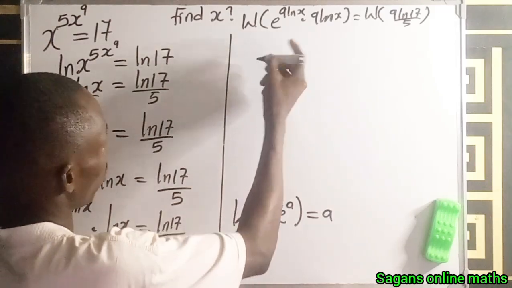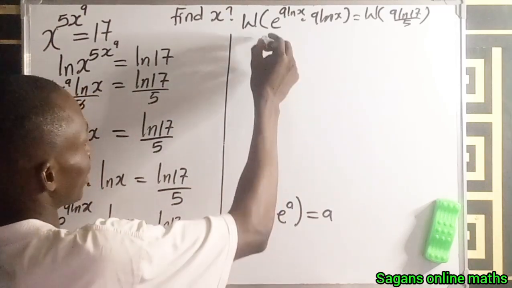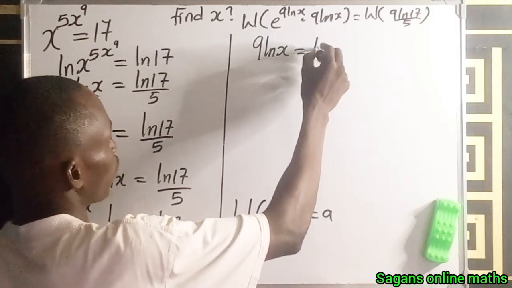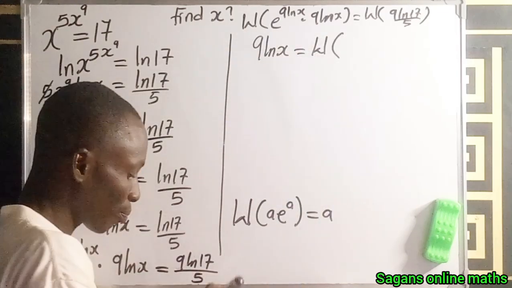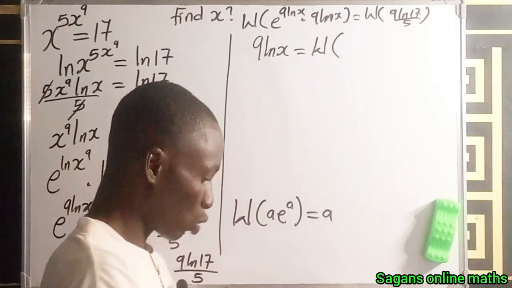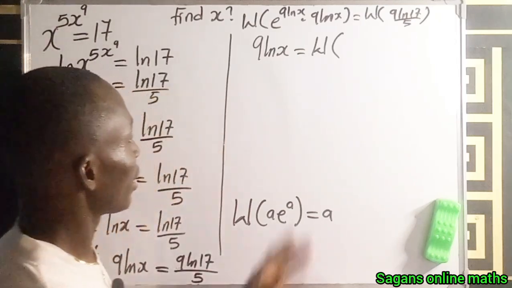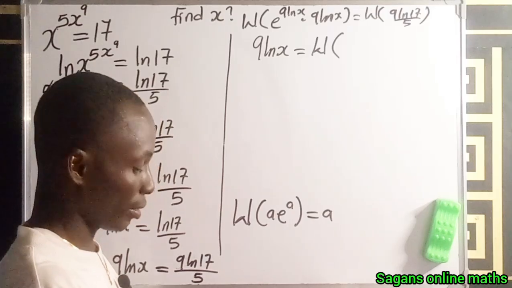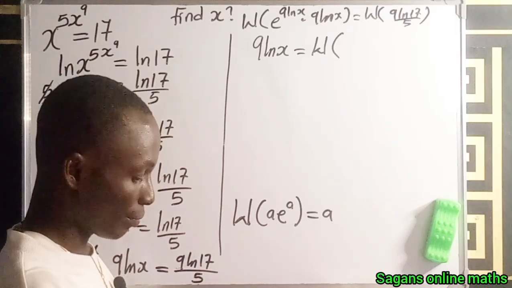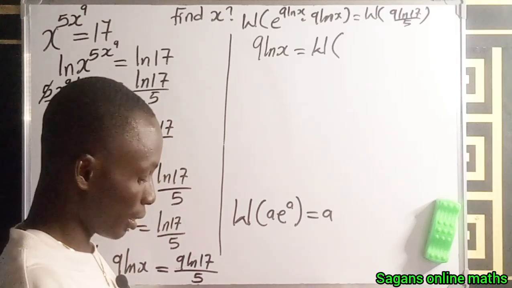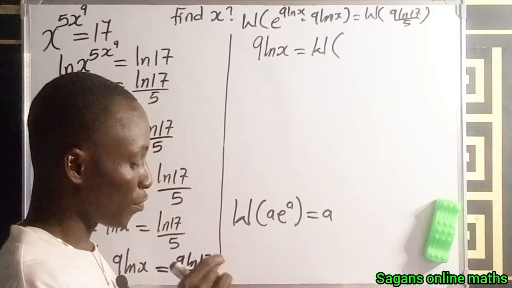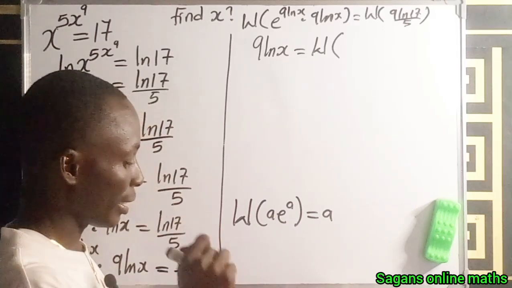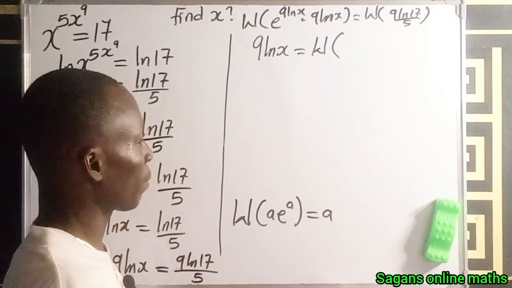So the Lambert W function of this will give us 9 ln x equals the W function of this value. Now let me use my calculator to know the value, apart from the W function. Let's know the value of 9 ln 17. It gives us 25.4989 at 4 decimal places.